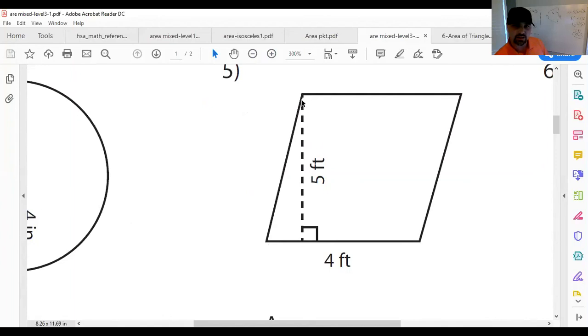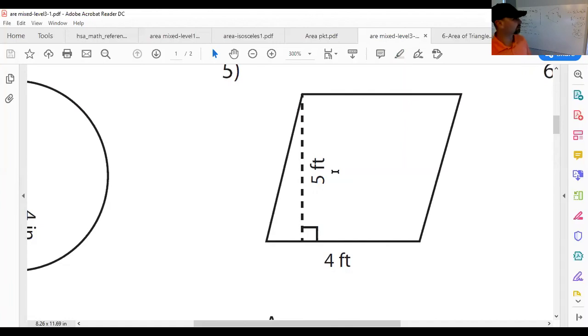And if we were to actually cut that off, it would go over and fit right here. Let's see if I can make this. Oh, no, okay. Sorry. It would actually fit right here in this corner. And if it did, what that would make is a rectangle, all right?